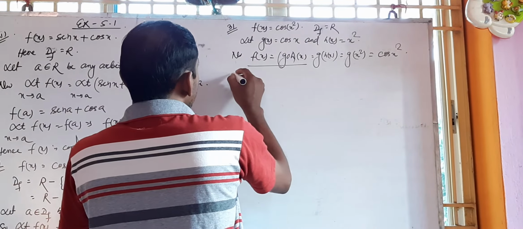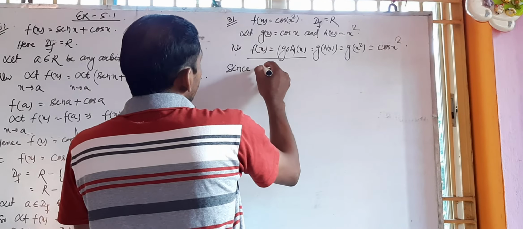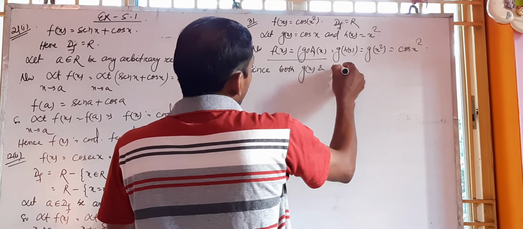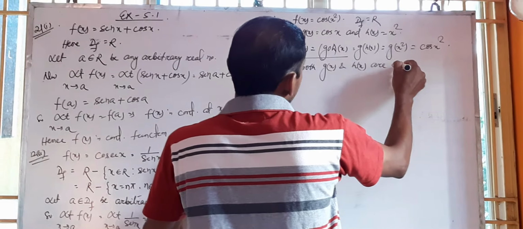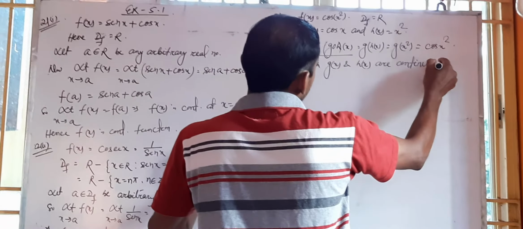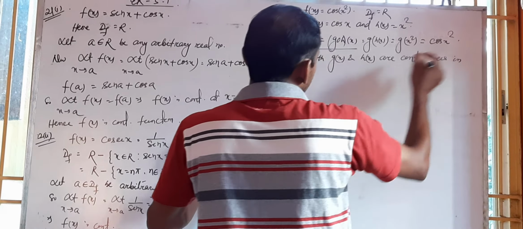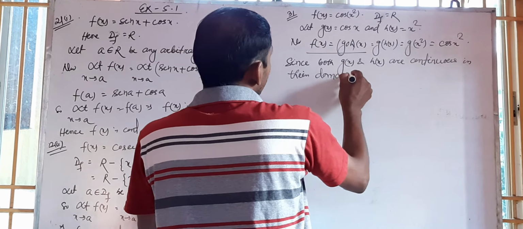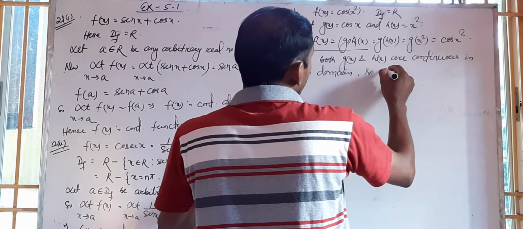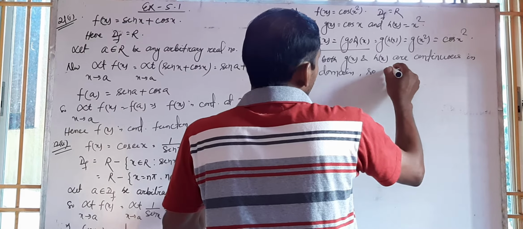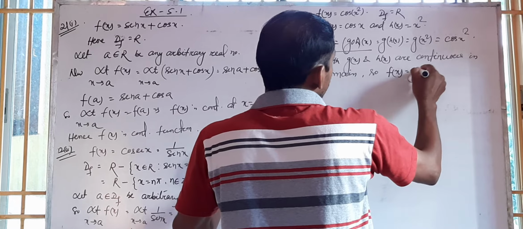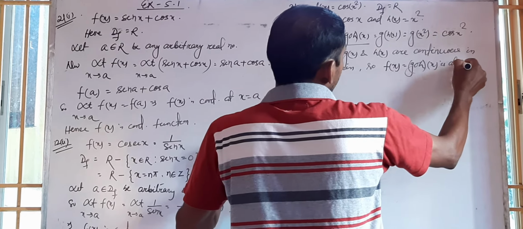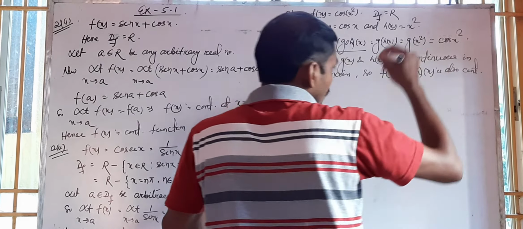Now you can write, since both g and h are continuous in their domain, f of x, that is g of h of x, is also continuous.